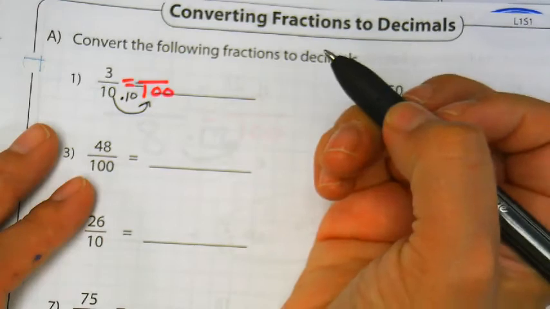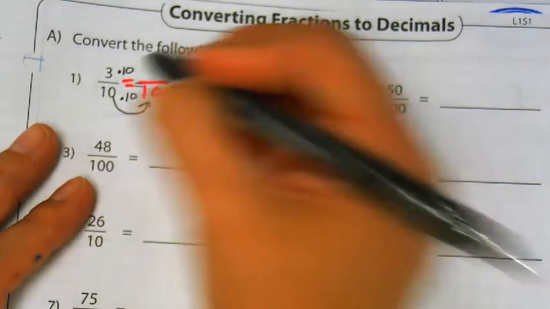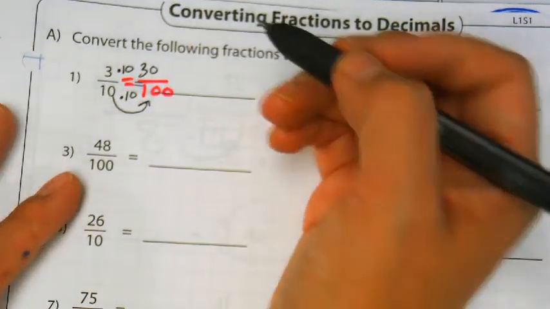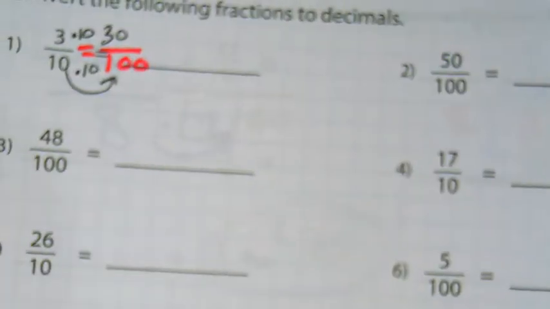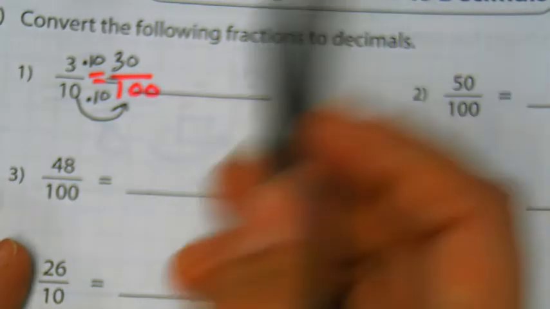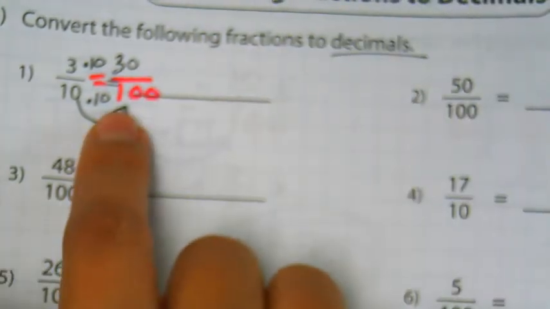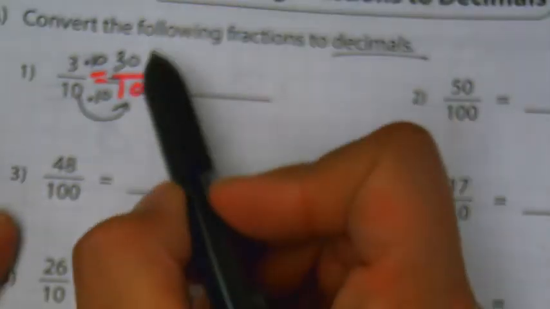Times 10. So, what's 3 times 10? 30. Now, the directions are asking you to convert the following fractions into decimals. Well, I still have a fraction, right, Mike? Not Michael. Okay, so you have 30 over 100.